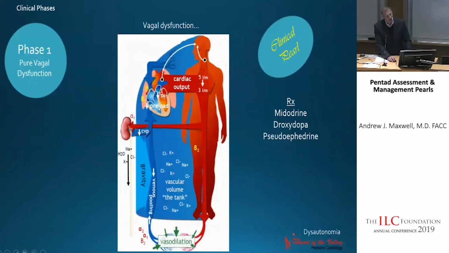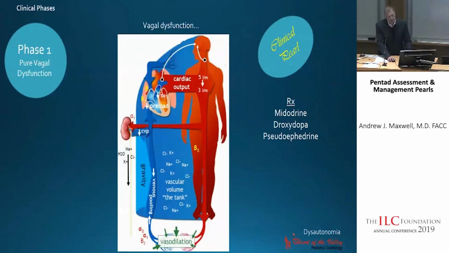And so if it struggles to fill the heart, then the body tries to compensate by increasing its heart rate to keep the cardiac output up, but usually it still fails because if the blood's not there to fill the heart, it doesn't matter how fast the heart goes, the cardiac output is still going to drop.